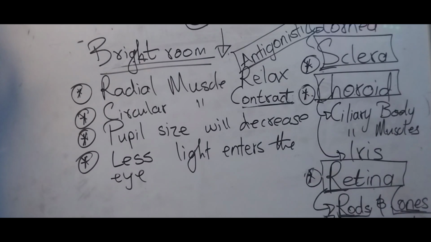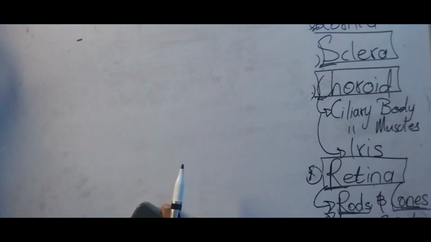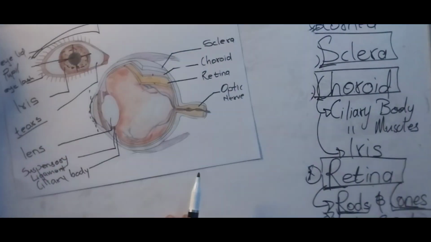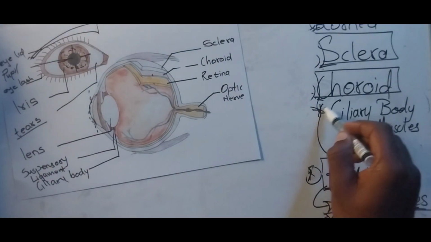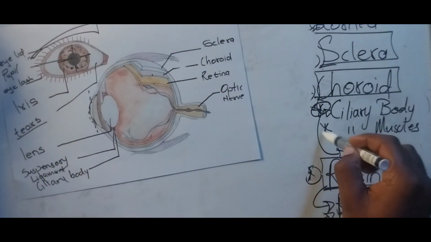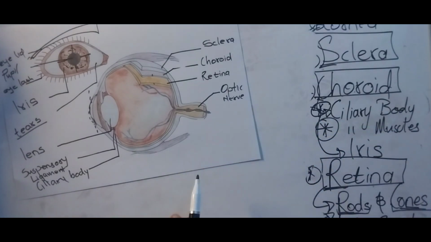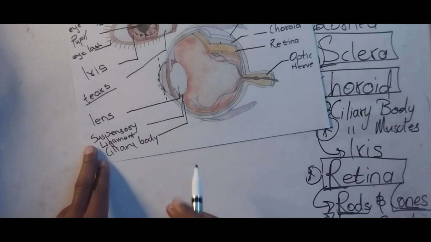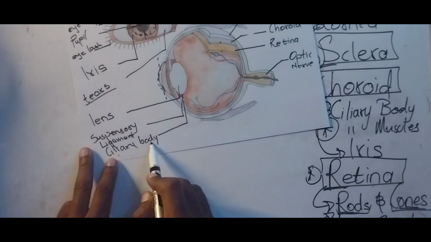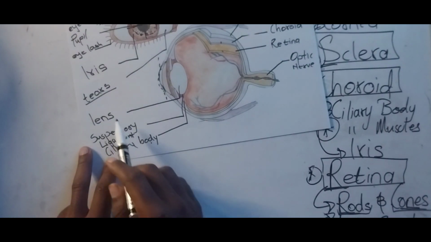Okay, pretty simple things. So right now let's go to accommodation. Okay, so in accommodation we are going to talk about what we call the ciliary muscle, this one, the ciliary body. We're going to talk about suspensory ligaments, ciliary muscles, ciliary body, suspensory ligaments, the lens.